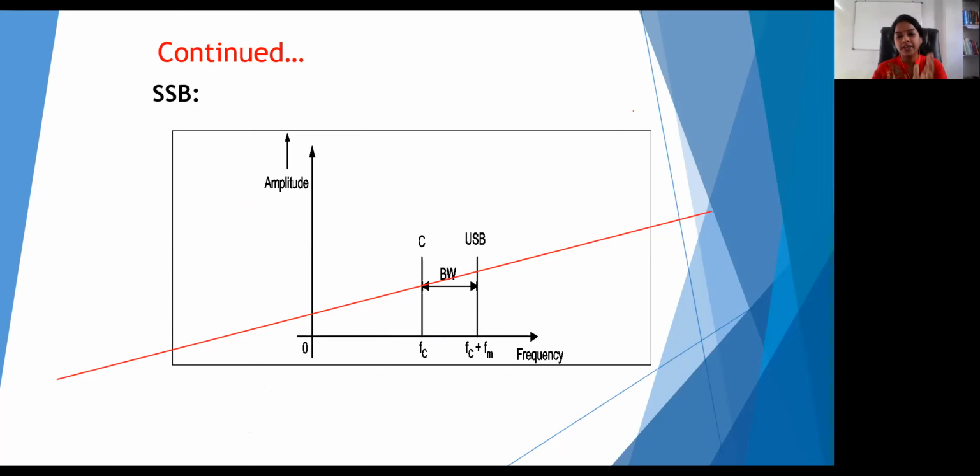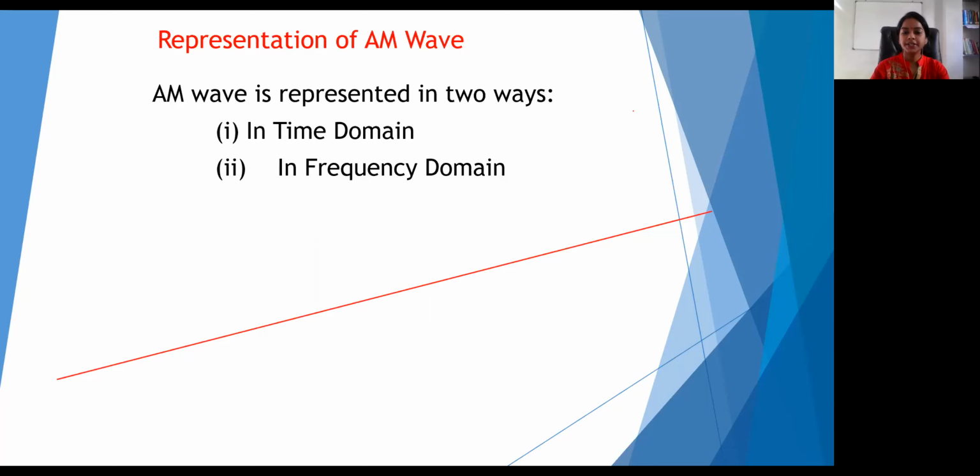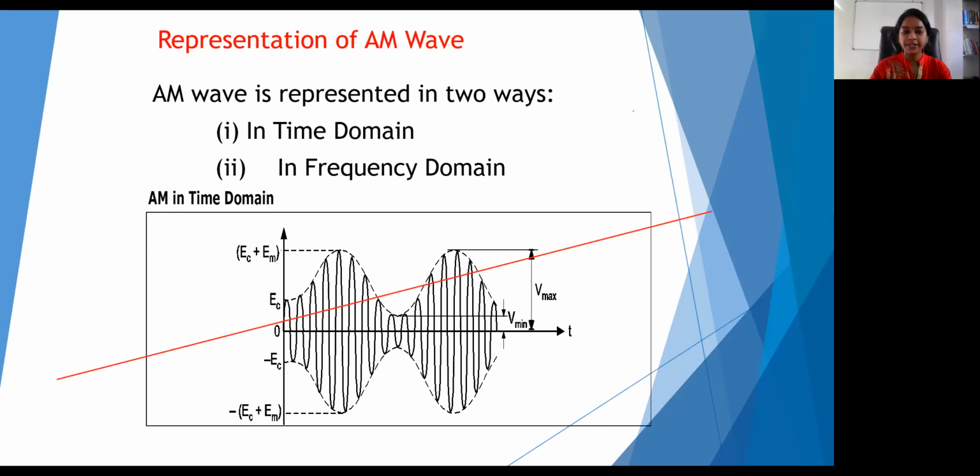Here we have a carrier frequency and an upper sideband, and the frequency for the upper sideband is calculated as fc plus fm. Then the representation of amplitude modulated wave: we can represent it in two forms, one in time domain and the next in frequency domain. This is a time domain representation.